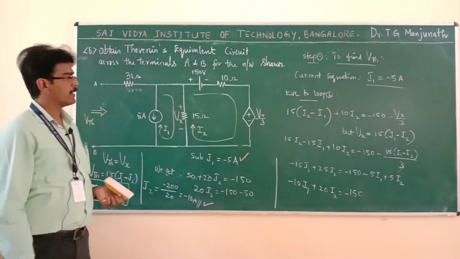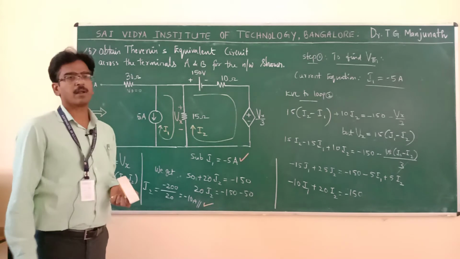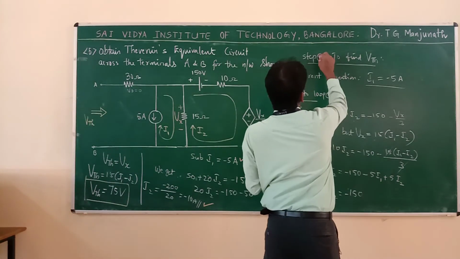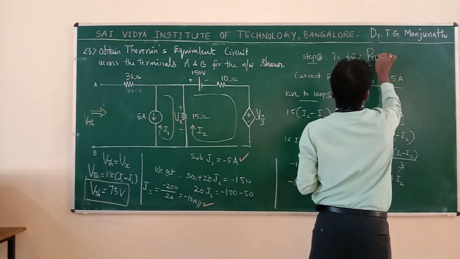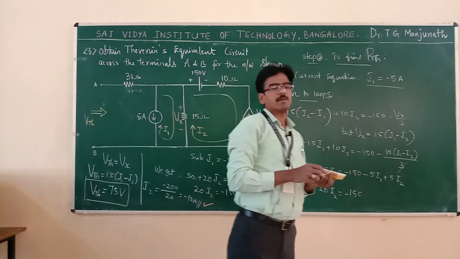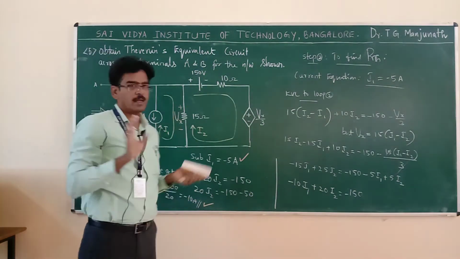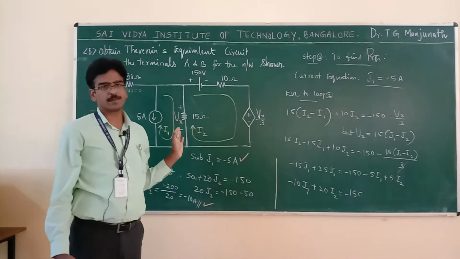Next, what should I find? I should find R Thevenin. Now let us go for step 2, to find R Thevenin. When finding R Thevenin, you have to see whether any dependent sources are there in the given network.